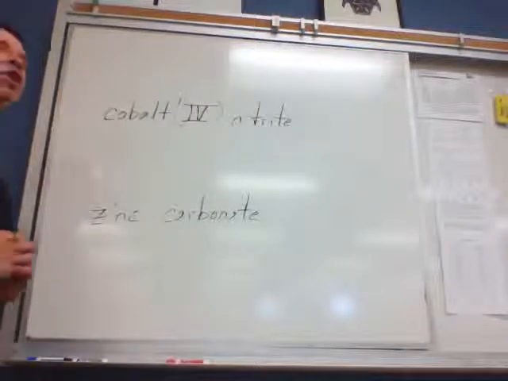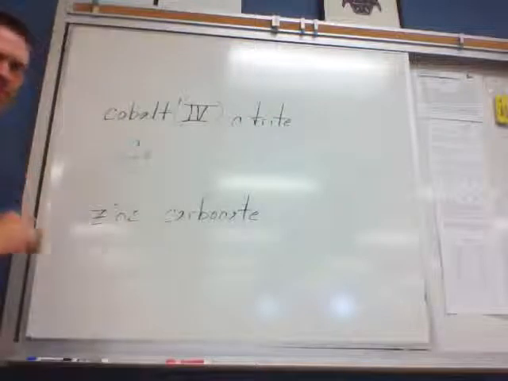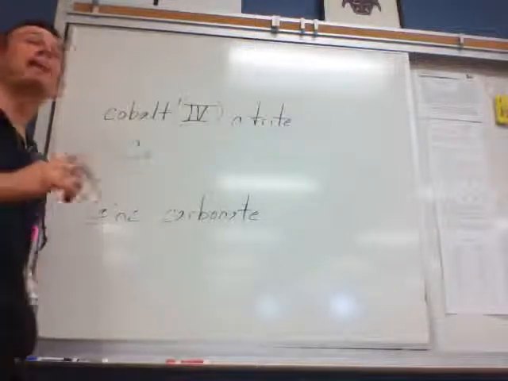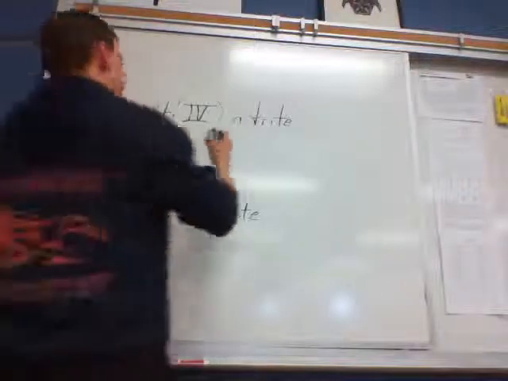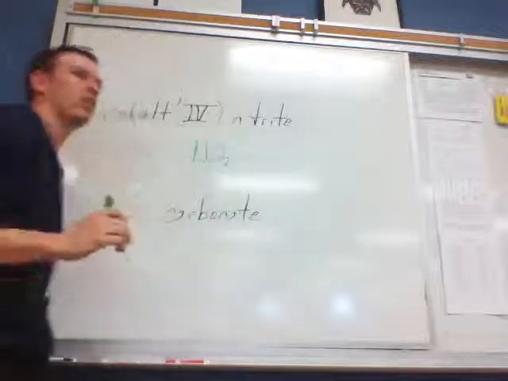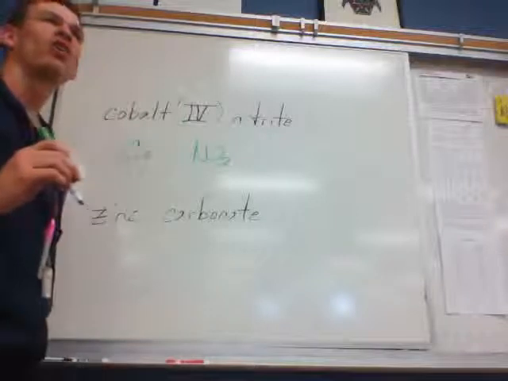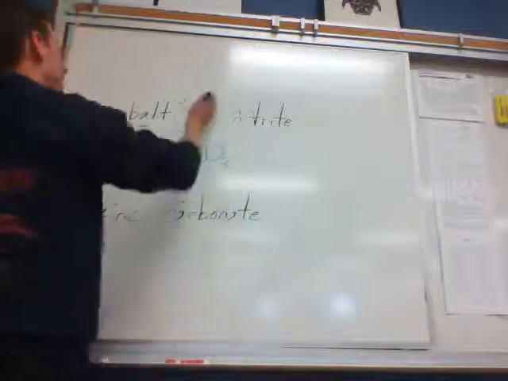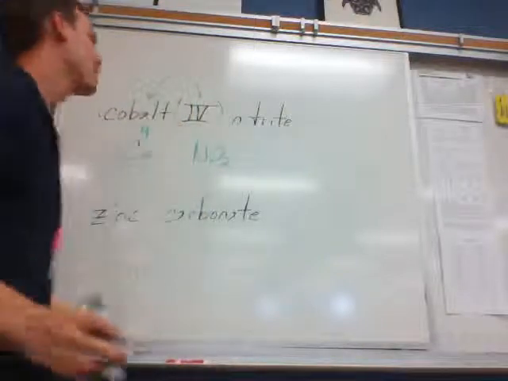The symbol for cobalt is Co. The symbol for nitrite, be careful with nitrite and nitrate and sulfate and sulfite. Nitrite is NO2. Cobalt has a predicted charge in this case of +4.